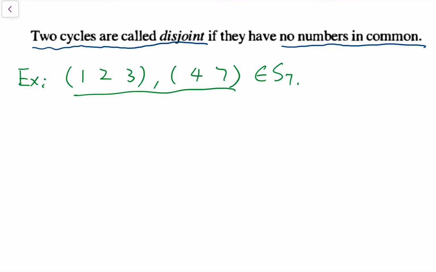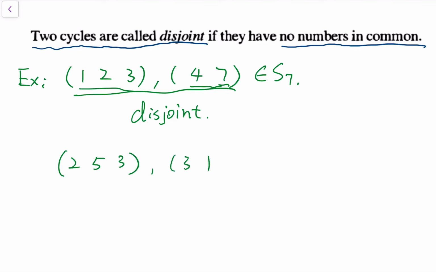They are disjoint because they don't have common integers inside their strings. But if we consider (2, 5, 3) and (3, 1), which we talked about before, those two in S7 are not disjoint. Why? Because both of them have 3 in common, so those cycles are not disjoint.